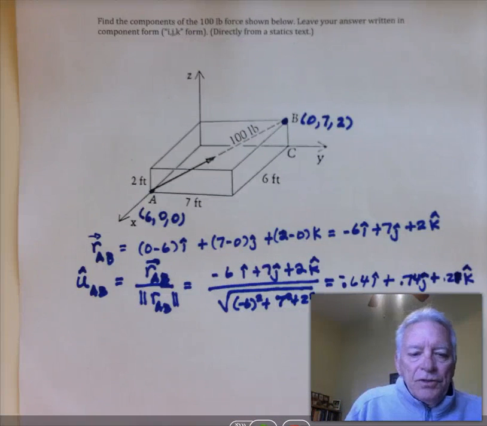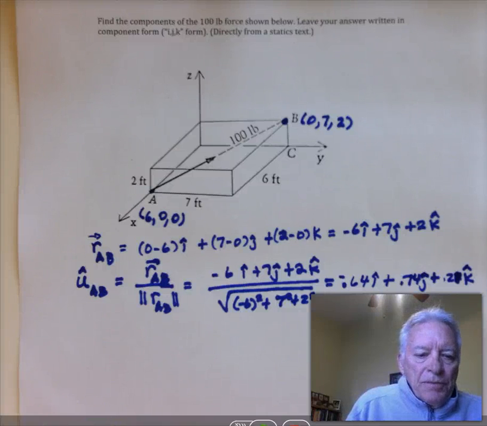Now that's our unit vector along the direction from A to B.